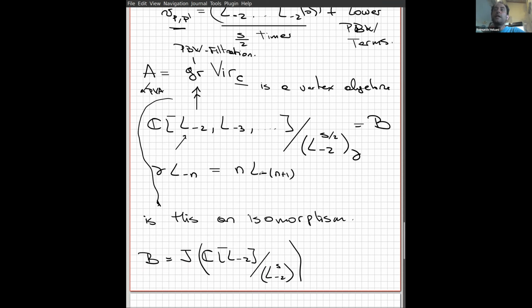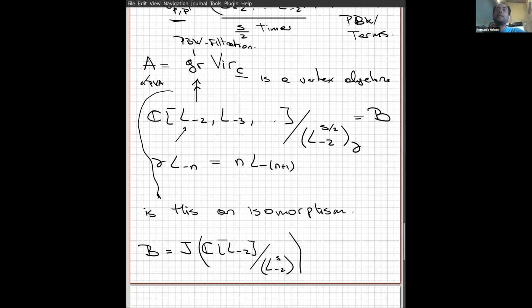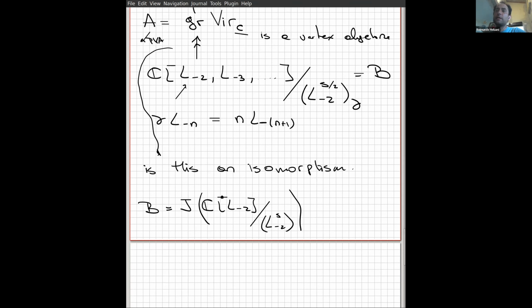This fat point is the C2 quotient of the Virasoro vertex algebra. It's this polynomial algebra, modulo this ideal. You take the arc space of that, so that's the free algebra generated by this polynomial algebra, and you're asking whether or not that is the associated gradient to your vertex algebra. So let me write this.